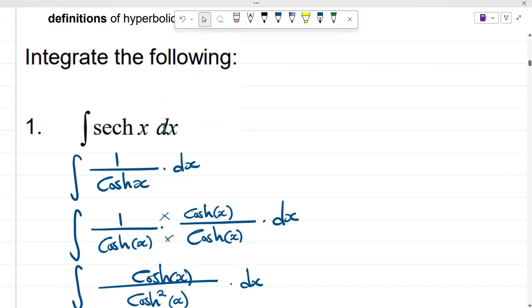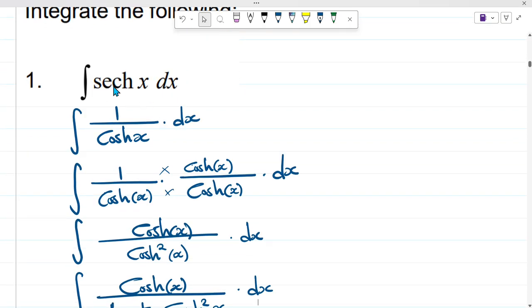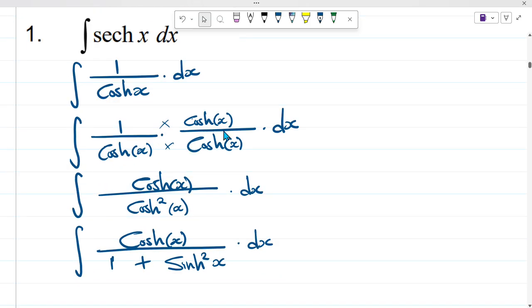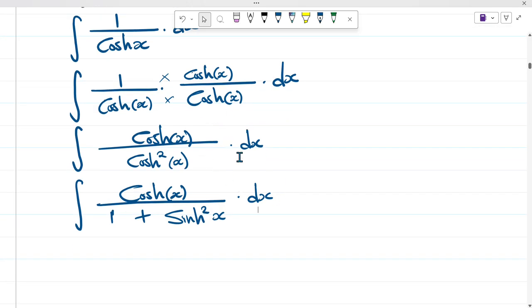So this is what I was saying. First things first, whenever you're integrating hyperbolic sec of x dx, you substitute hyperbolic sec of x with its equivalent when it comes to reciprocals, and that becomes 1 over cosh, and then you multiply by 1. That 1 is whatever is in the denominator over the denominator.